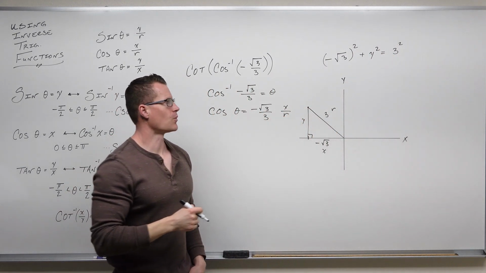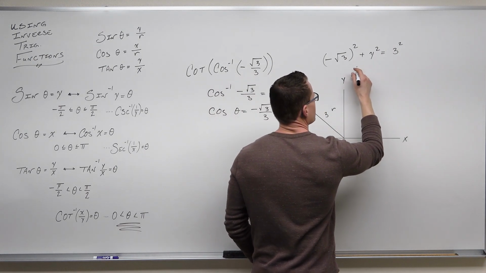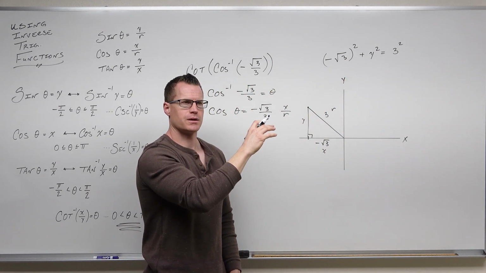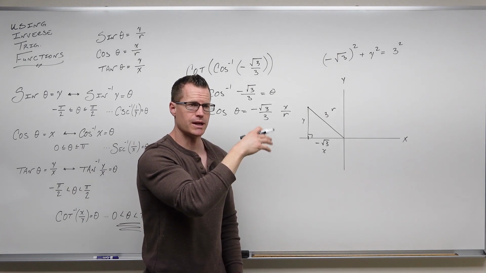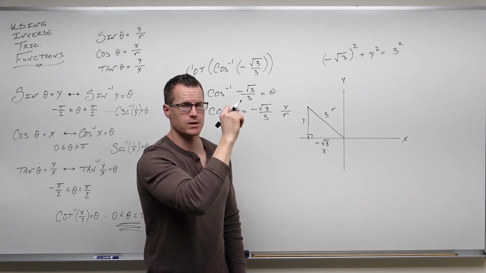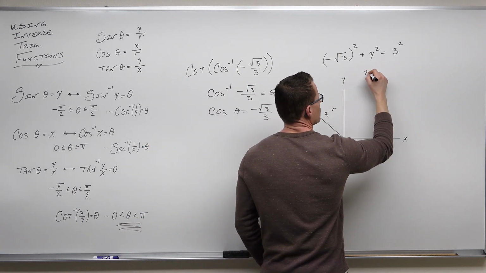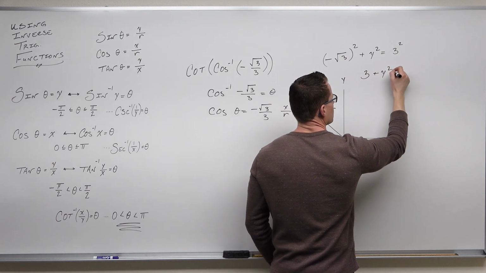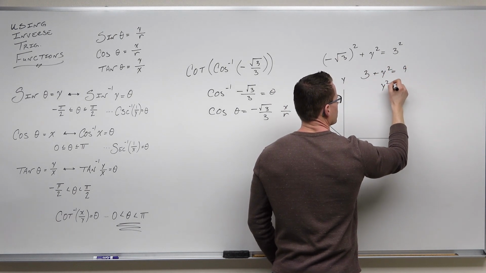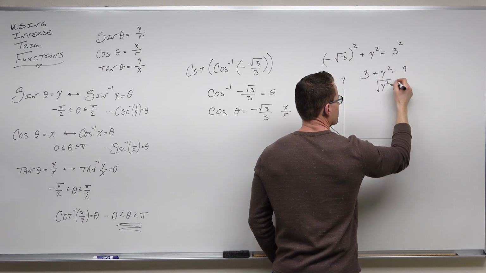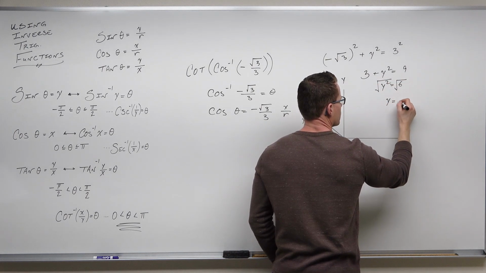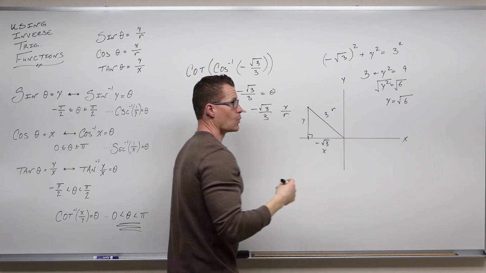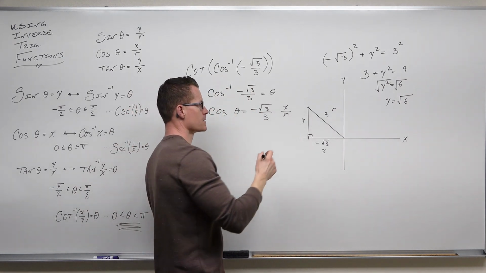And we're going to solve that for y. Negative square root of 3 squared is 3. So negative squared gives you positive, square root of 3 squared is just 3. So y is going to give you the square root of 6.